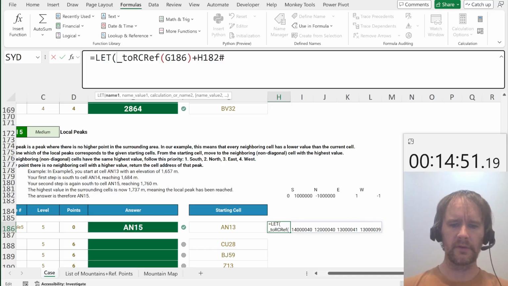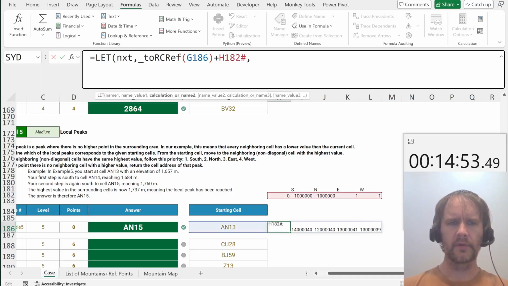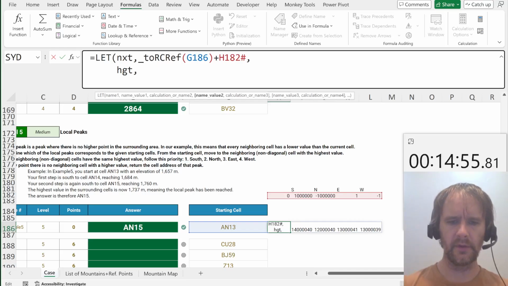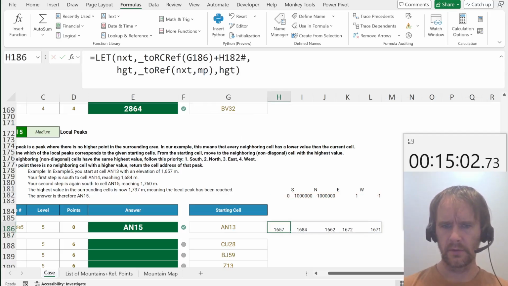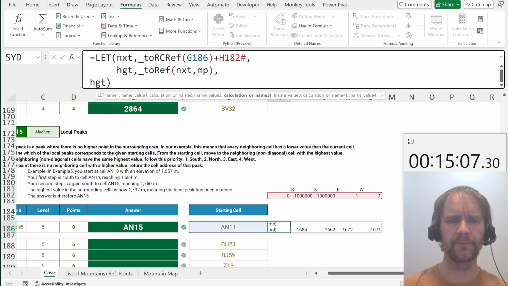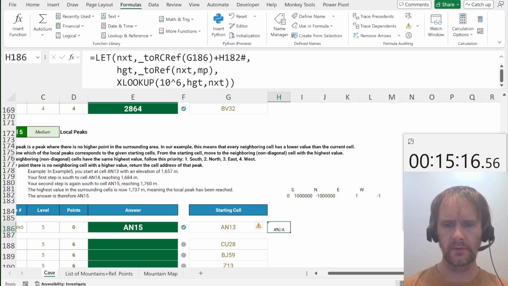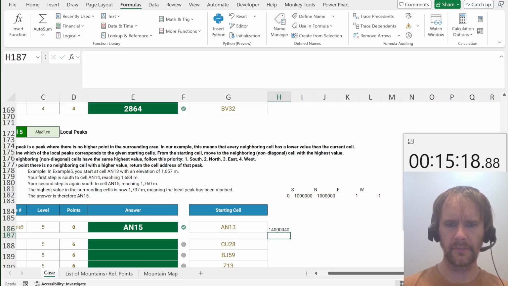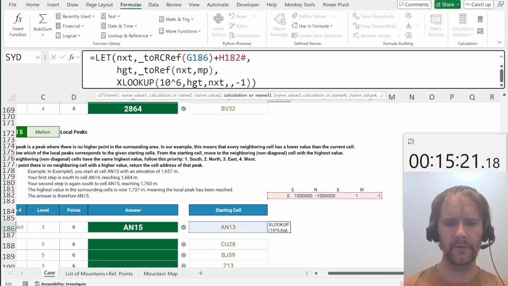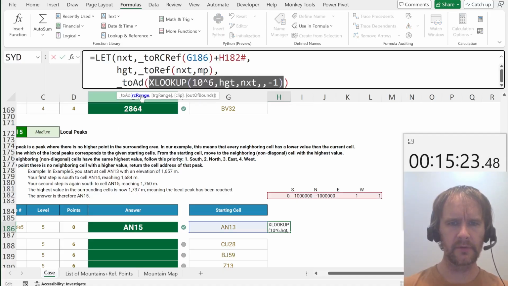So I guess let's let NXT be that. HGT can be TOREF of NXT on MP. Those are the heights. Some of them are indeed higher. Then we'll XLOOKUP 10 to the 6 in HGT returning from NXT. Sorry, exact match or next smaller item. And then TOADDRESS of that.